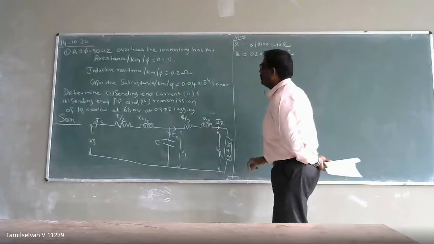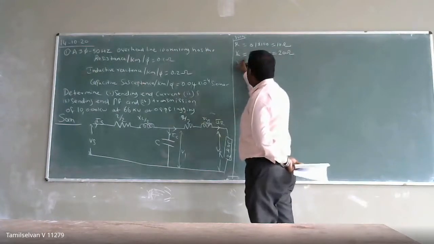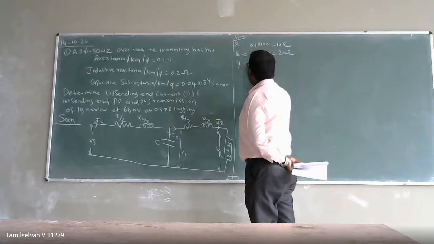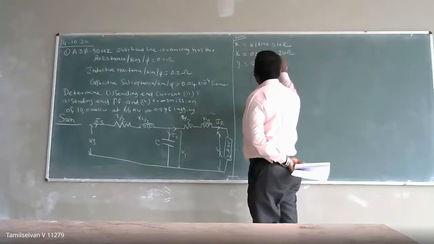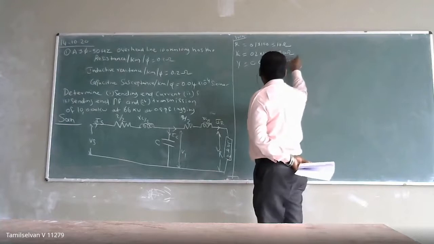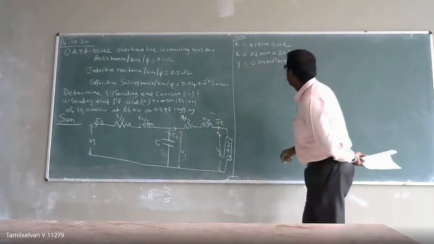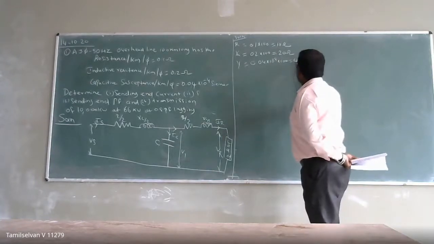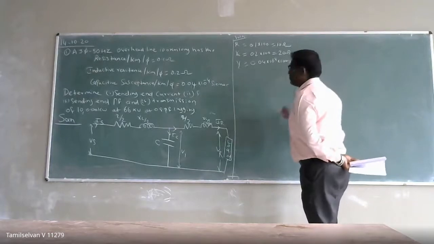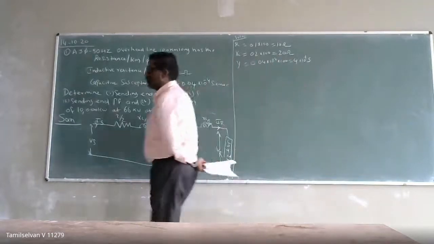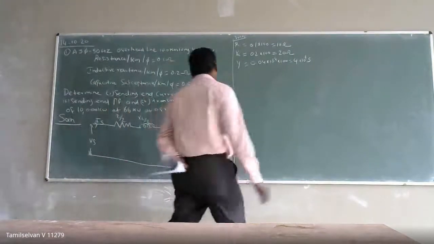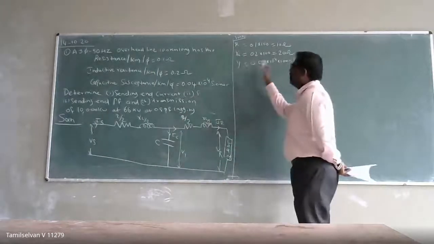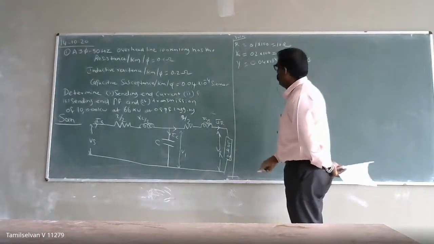And the capacitive susceptance, that is Y, is 0.04 into 10 power minus 4 into 100 kilometer length, which equals 4 into 10 power minus 4 Siemens. So I have taken the values for the entire length.